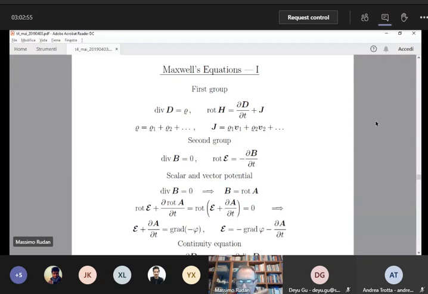And the two equations of the second group are the divergence of the magnetic induction B is equal to 0, and that the rotational of the electric field E is equal to minus the time derivative of B. You see, there are no sources in these two expressions, simply relations between components of the fields. So it's now noon, so we stop here.